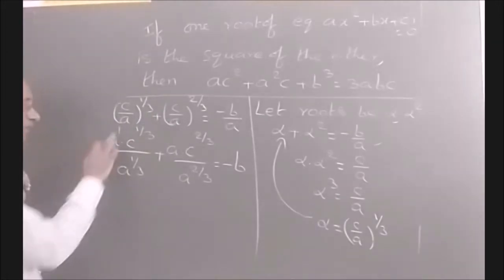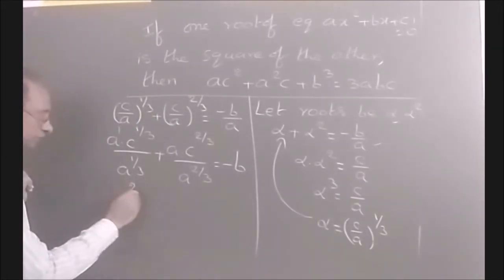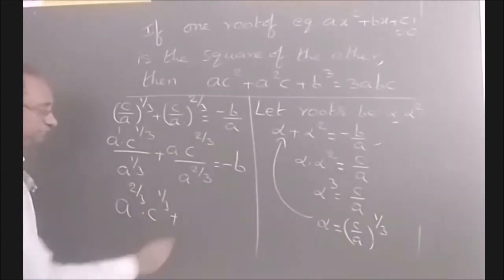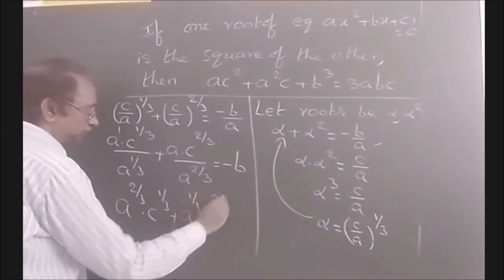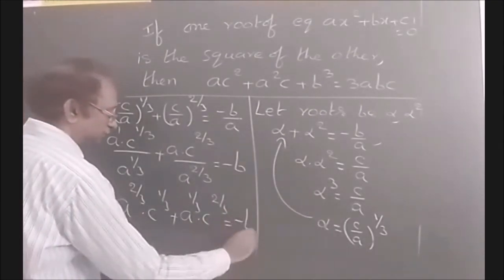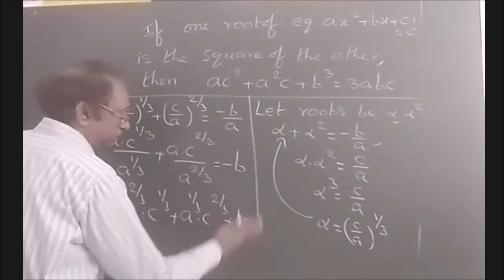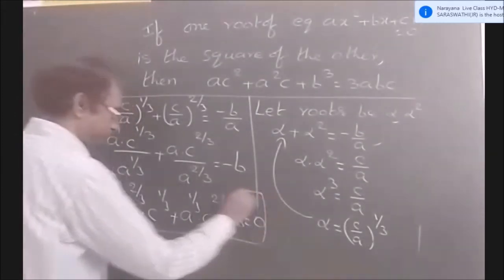This is a power 1 by a power 1 by 3, which gives a power 2 by 3 into c power 1 by 3 plus a power 1 by 3 into c power 2 by 3 is equal to minus b. Or I can write this minus b as plus b is equal to 0. So write down this equation.